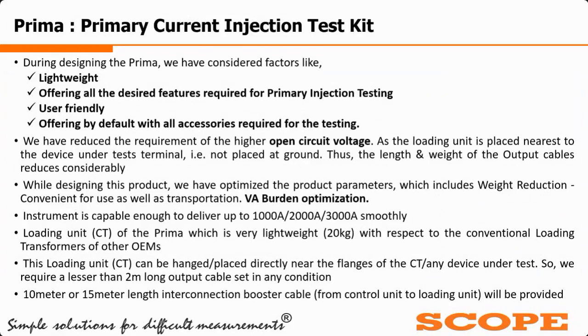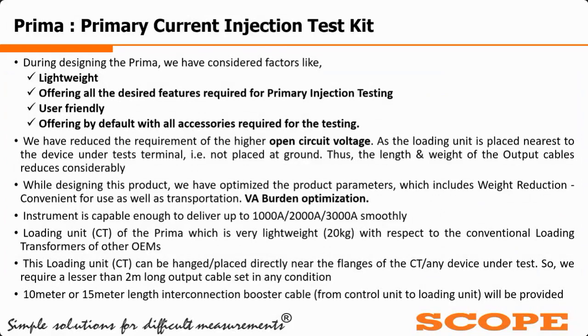Also, during the design stage, we have reduced the weight of the loading CT, and the weight of the loading CT is roughly 18 to 20 kg, lighter than conventional loading transformers of other manufacturers. And as I said, there is the requirement of copper cable for the connections to the device under test.